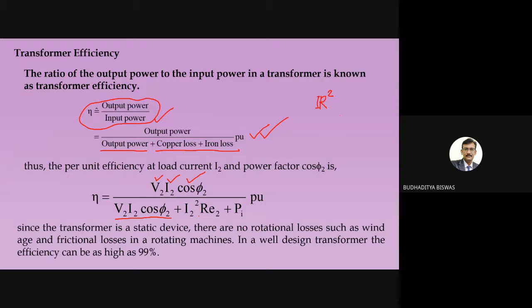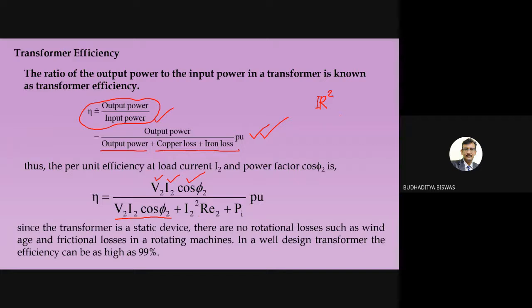It's a very basic question. Sir, two, I1 and I2. I1 and I2. Okay. And how many resistances are there? Sir, both R1 and R2. Yes, two resistances for the two windings: primary winding resistance R1 and secondary winding resistance R2. So which one do you follow? Is it I1 squared R1 or I2 squared R2?